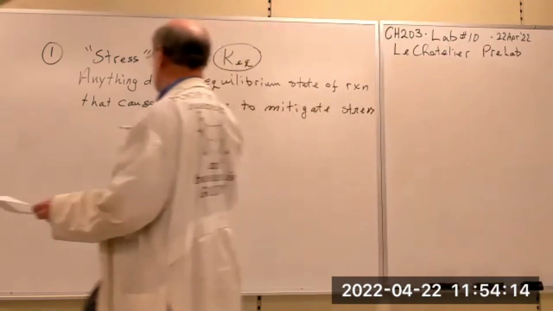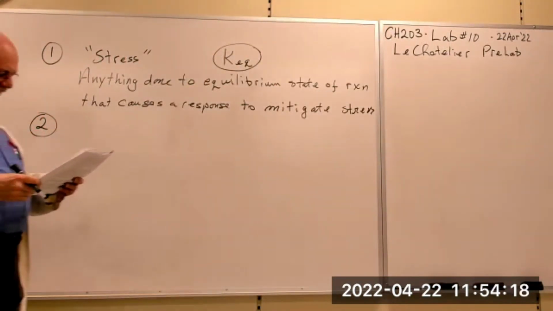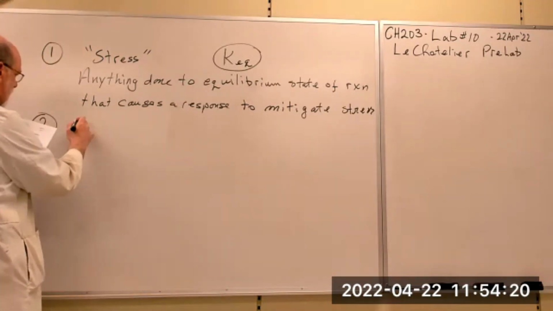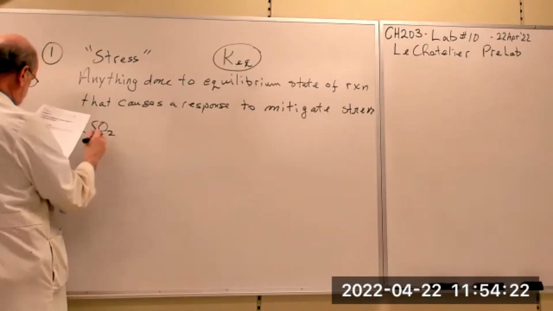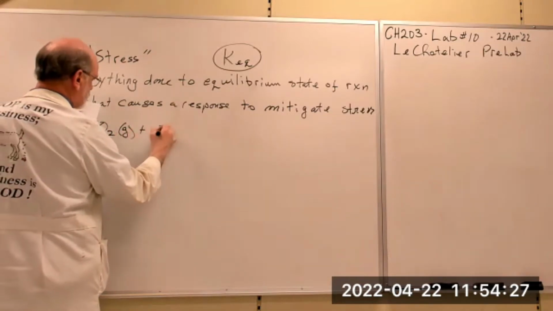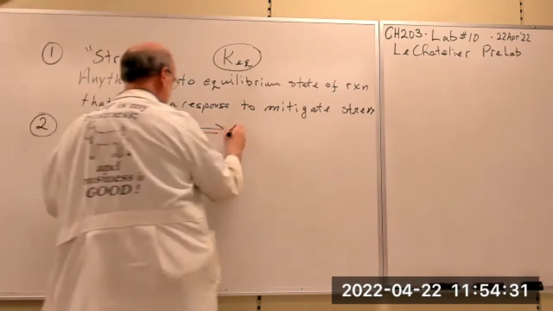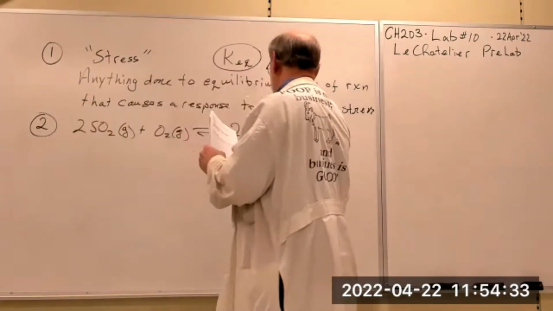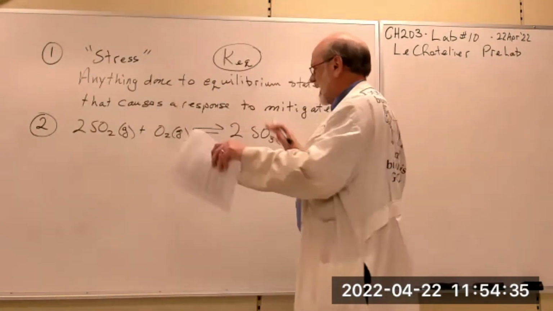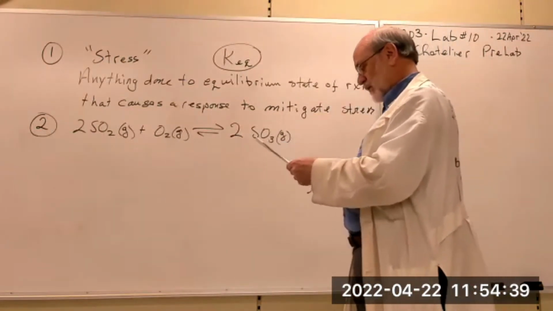Okay, how about 2? Given the gas phase reaction, we've got sulfur dioxide plus oxygen in equilibrium with the product, sulfur trioxide. So they're all gases. And what are we going to do to it?